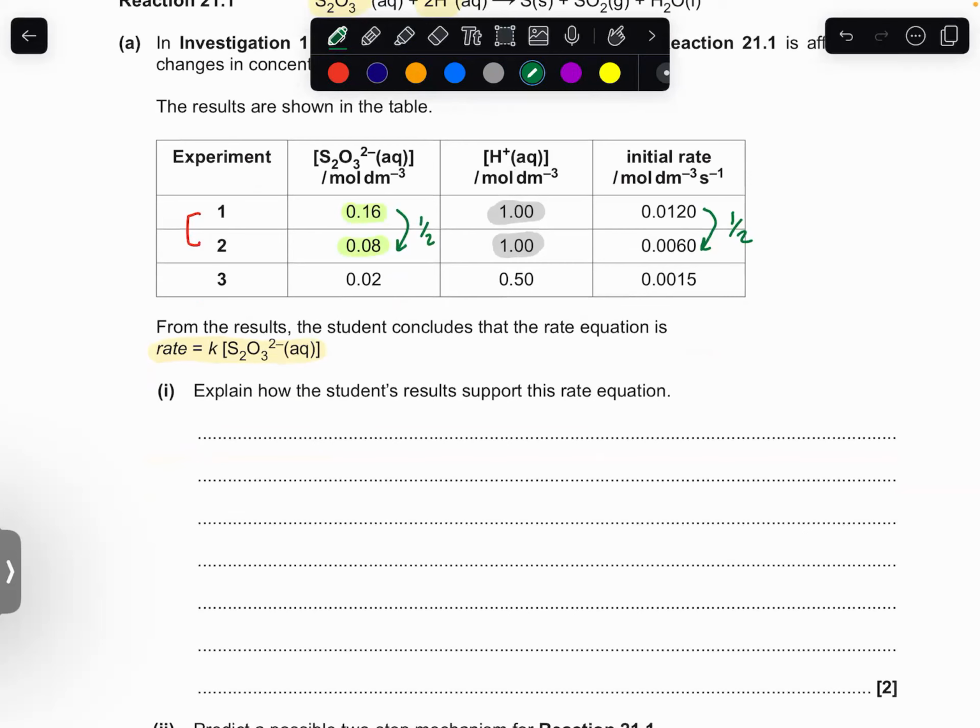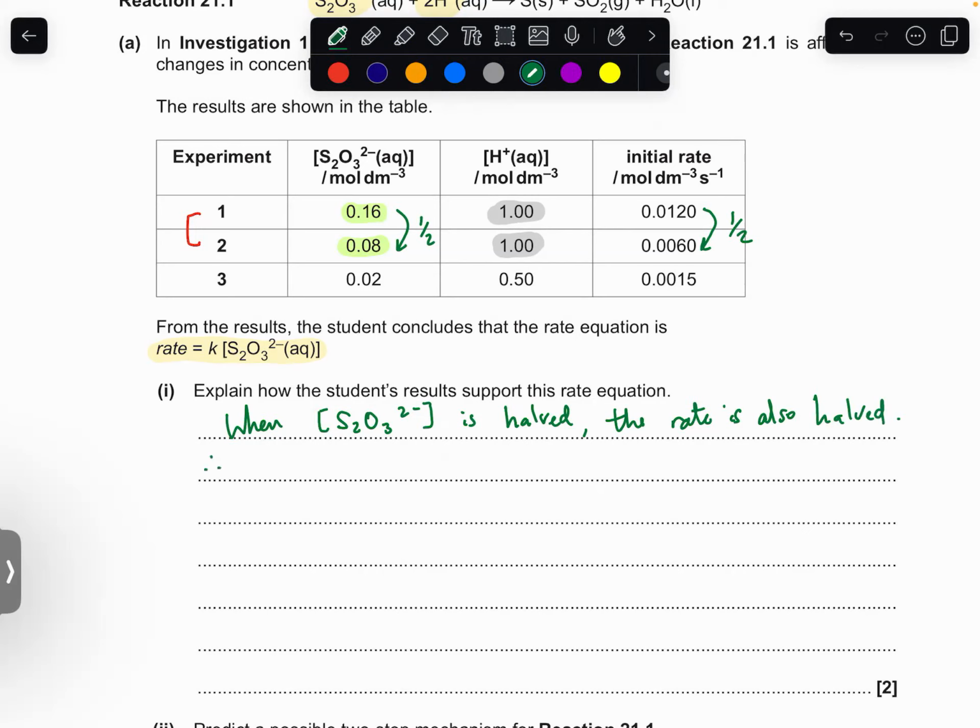So look, when the concentration of S2O3 2- is halved, the rate is also halved.